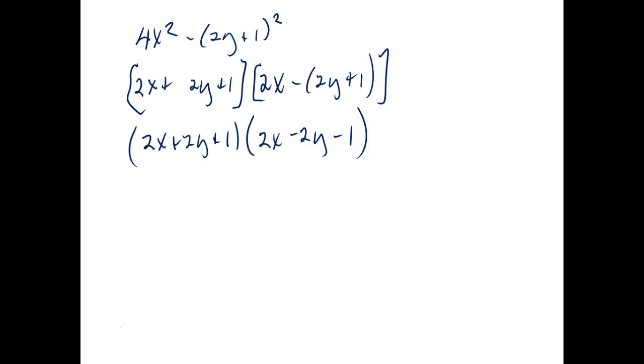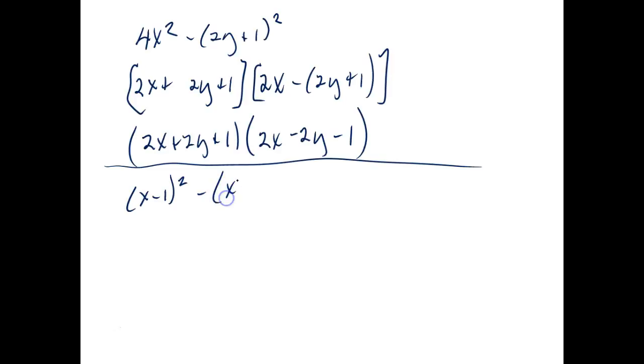All right. We did one with a binomial in front. We did one with a binomial in the back. Let's do one with binomials on both ends. X minus 1 squared minus x plus 4 squared. Can we do that?